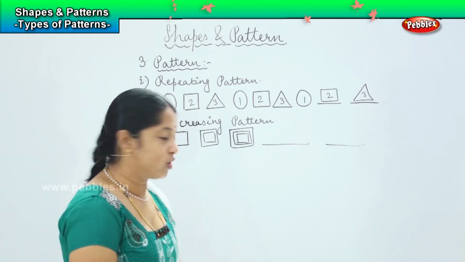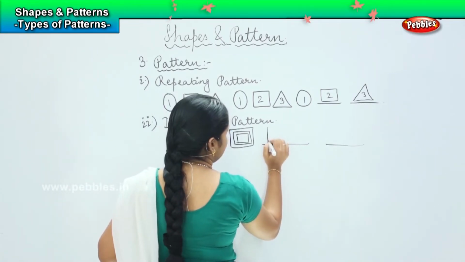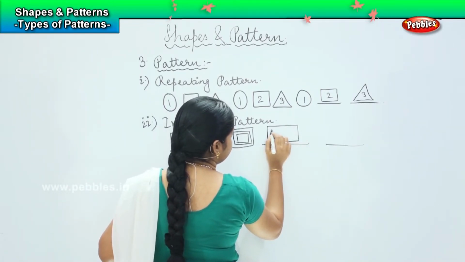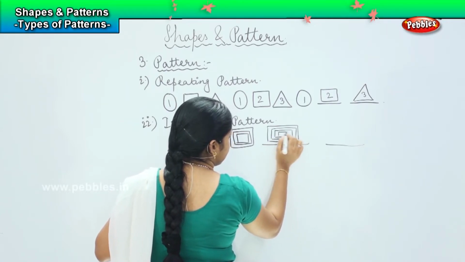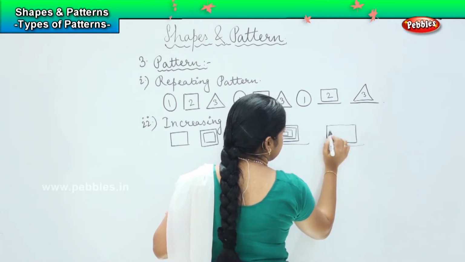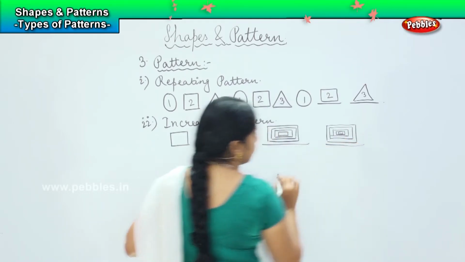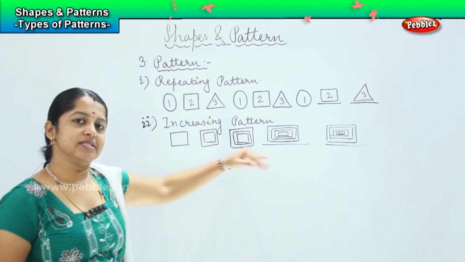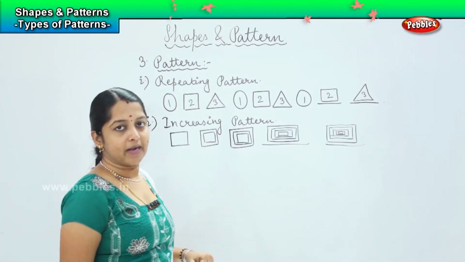So, the first one was 1, then 2, then 3. So, here there will be 4 squares, right? And then here it will be 5 squares. And the sequence continues. Okay. So, this is your increasing pattern.